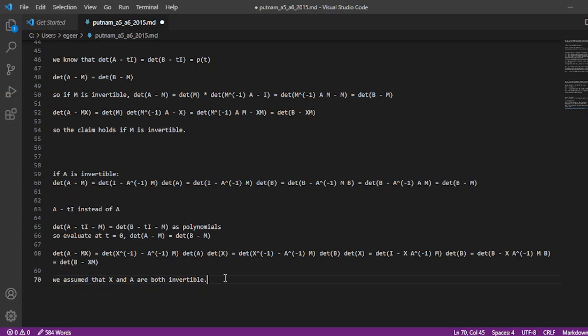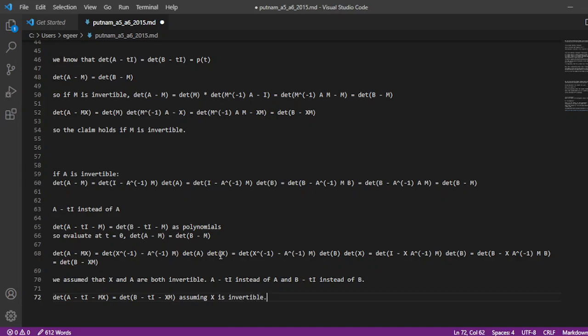So again, this works for any matrix A and B. So we can in particular take A minus Ti instead of A and B minus Ti instead of B, and we'll get the result determinant A minus Ti minus Mx equals determinant B minus Ti minus xM, assuming x is invertible.